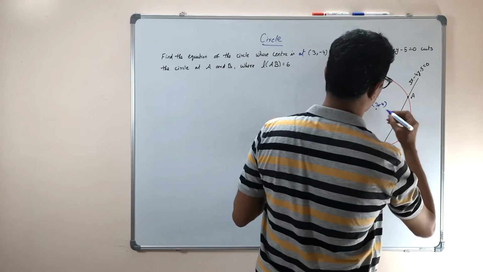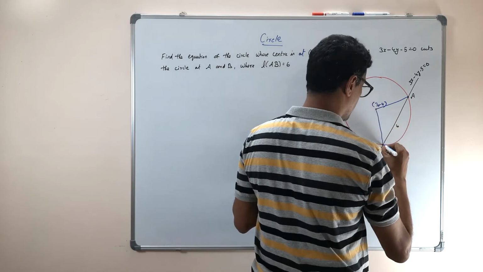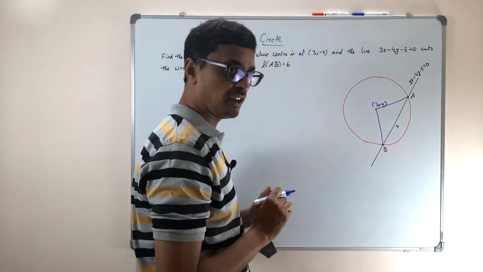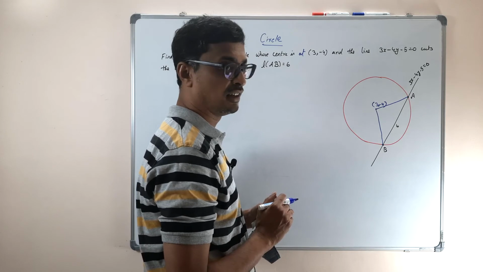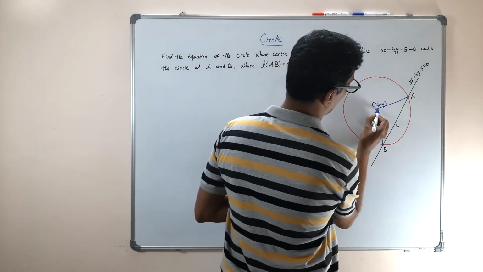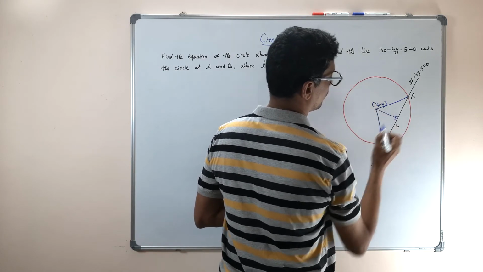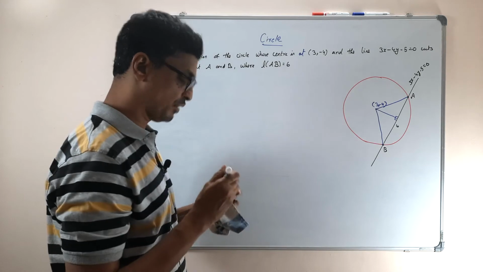So what is the radius? If I join, this is the radius, correct? Okay, this is which triangle? Isosceles triangle. And if I drop a perpendicular from here on this line, will this bisect? Why?